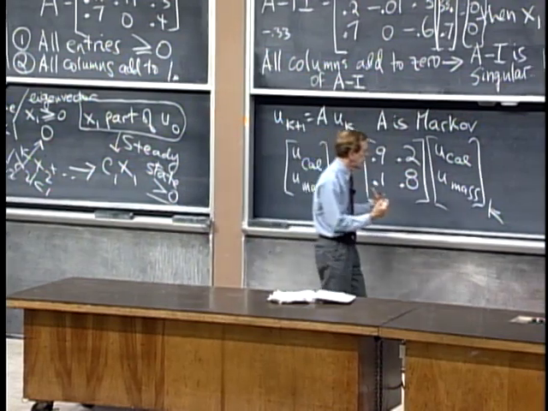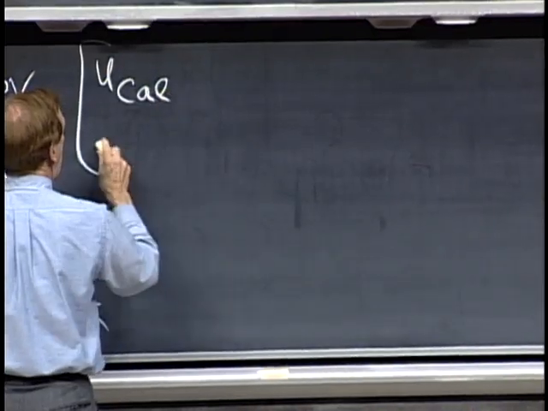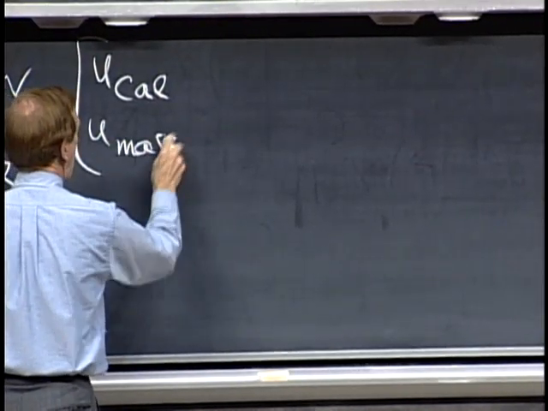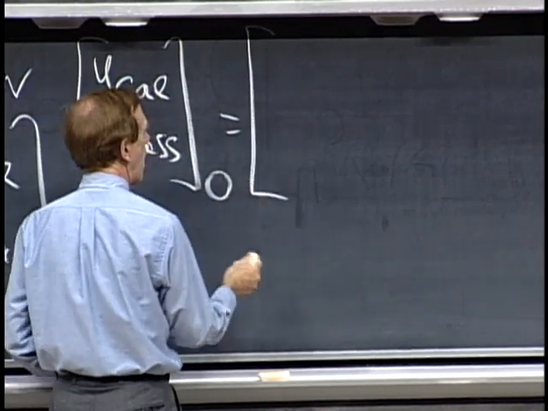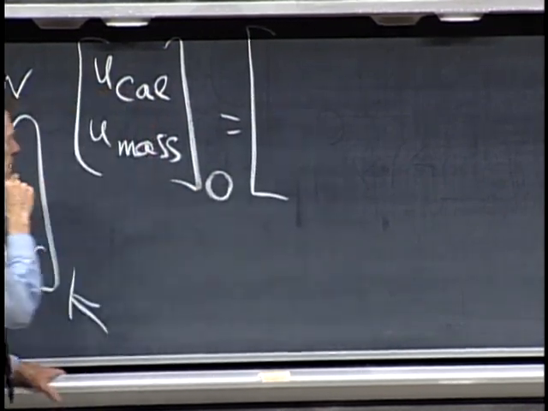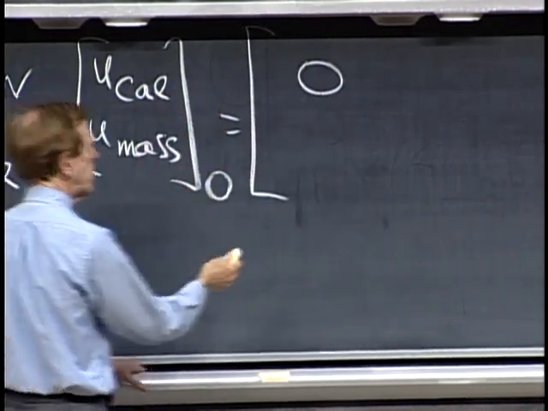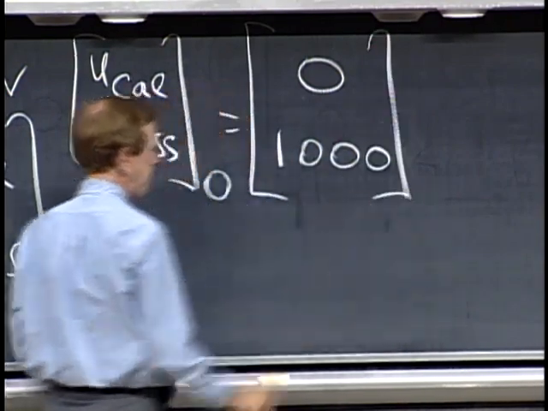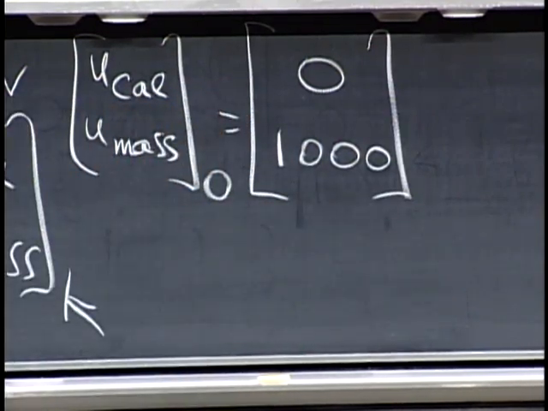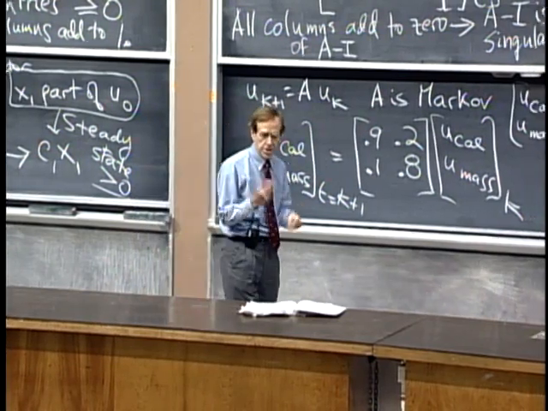So what's my starting? My starting UCal, UMass at time 0 is, shall we say, shall we put anybody in California? Let's make 0 there. And say the population of Massachusetts is, let's say, 1,000, okay. So the populations are 0 and 1,000 at the start.